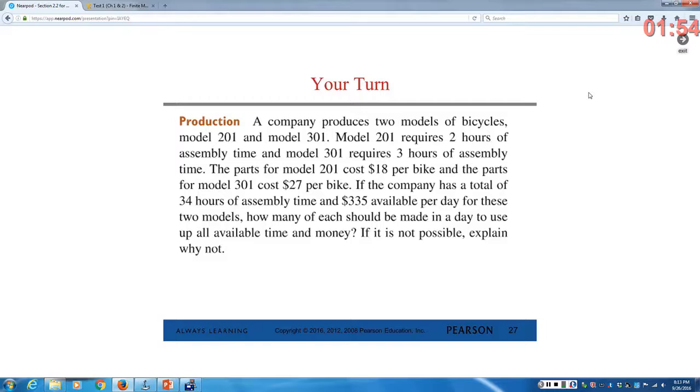Can't solve it till you've got the equations. So this says, company makes 2 models of bikes, Model 201 and Model 301. So I guess we'll let X be the Model 201 and Y be the Model 301.